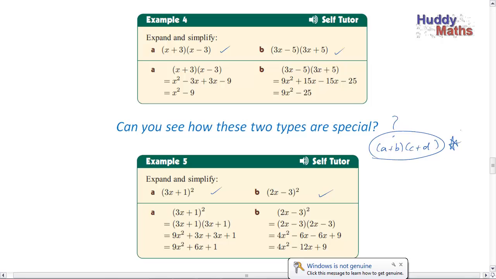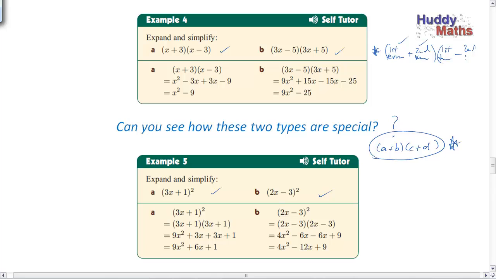Okay, back again. Can you see it? Did you see it? Well, these two brackets are special, aren't they? How would you describe that? I know, let's do it in words. You have a first term plus a second term in the first bracket, that's x plus 3, and then you're multiplying it by the same first term minus the second term.